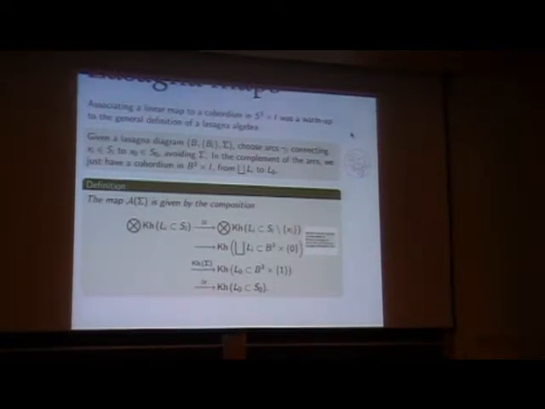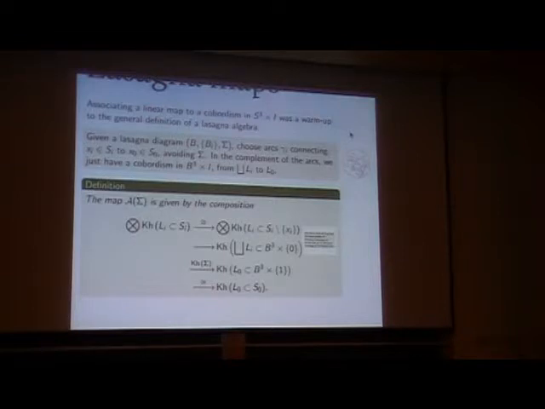Now, what does our lasagna diagram minus these arcs look like? Well, it looks like a copy of B3 plus I. We've got some surface in B3 plus I with our inner links on the bottom surface, our outer link on the top surface. So we have a map associated with that cobordism.